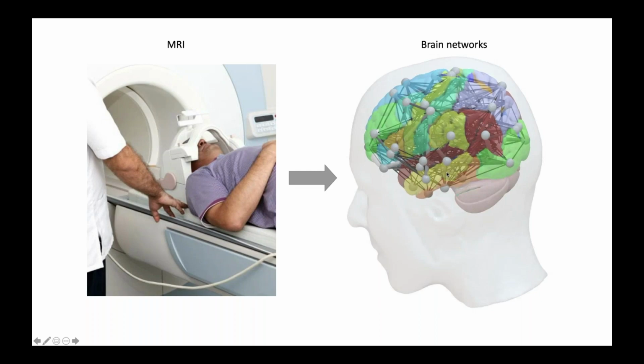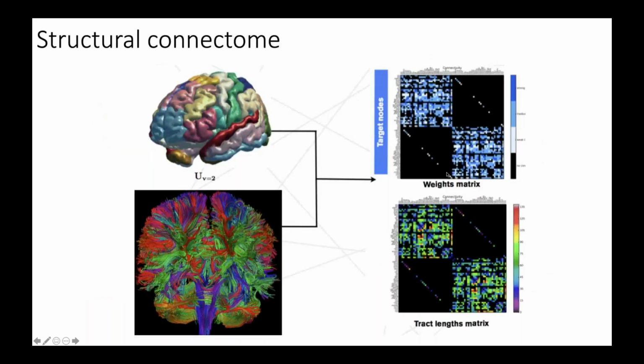The more detailed answer is a structural connectome is basically an aggregated description of the brain's white matter fiber infrastructure. So we have a full brain tractography and we have a parcellation of the brain. And then we basically aggregate the fiber tractography result, which was done in diffusion MRI data.